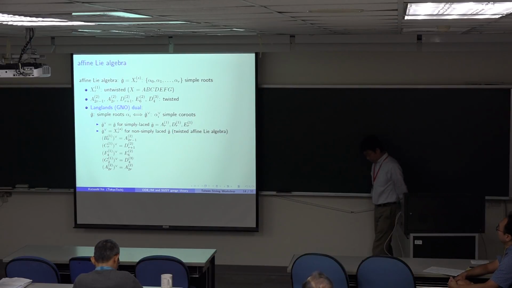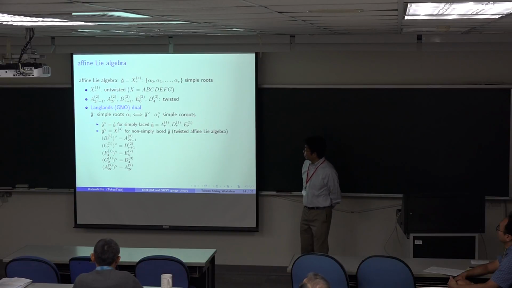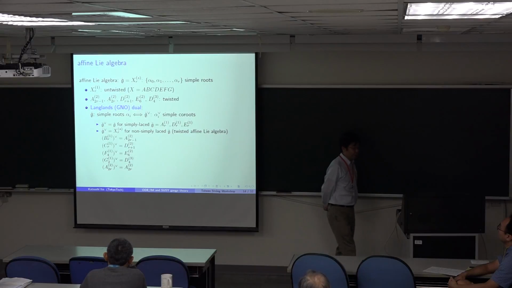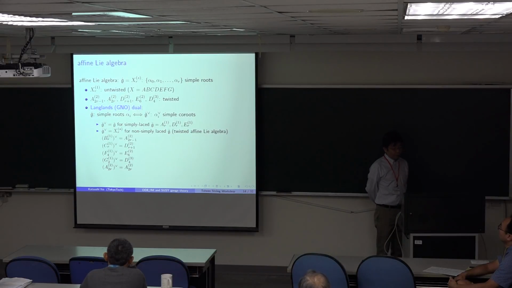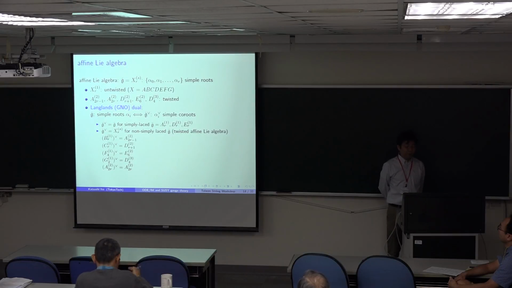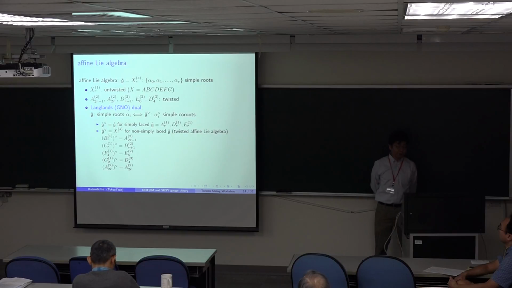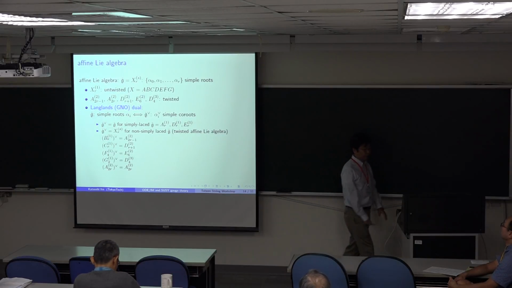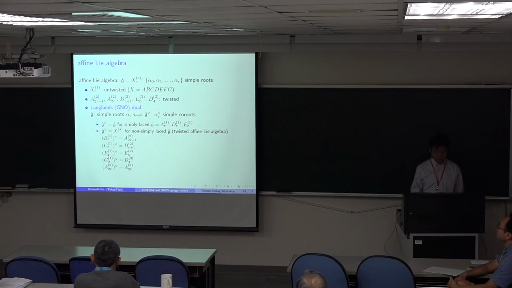That relates the simple roots and simple coroots, which are exchanged with each other. For simply laced cases, the Langlands dual is the same, and for non-simply laced cases, the twisted affine algebra is related to the untwisted by taking a coroot.